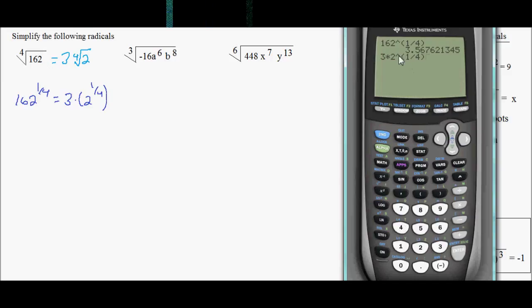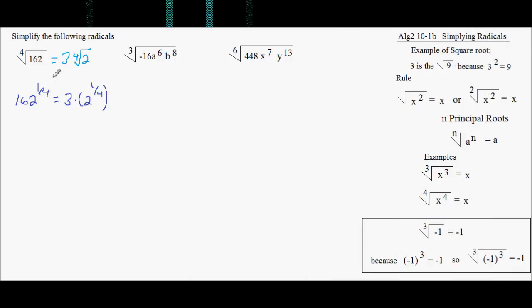I use parentheses because otherwise it might think this is to the first power and then divide that answer by 4. So I put the parentheses to make sure it knows I'm taking the whole 1/4 power. Notice I get exactly the same answer. And if I took that answer to the fourth power, I should get 162, and I do.